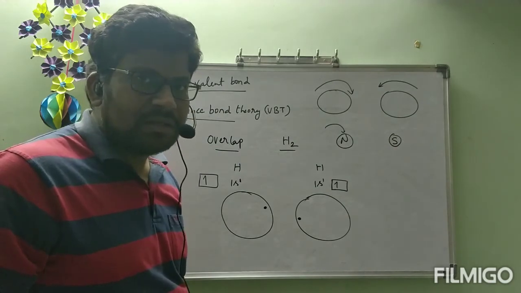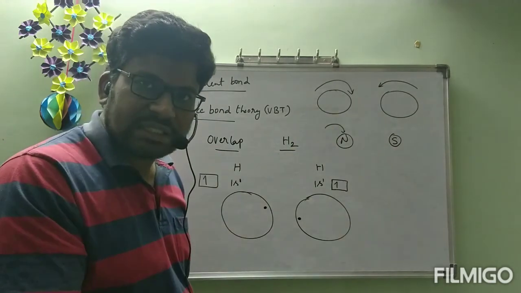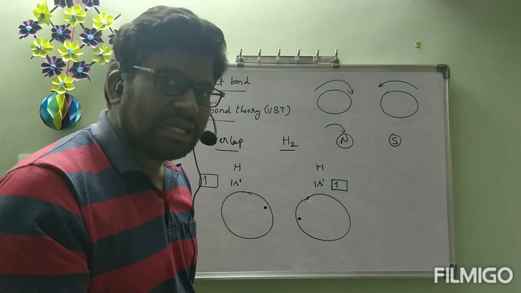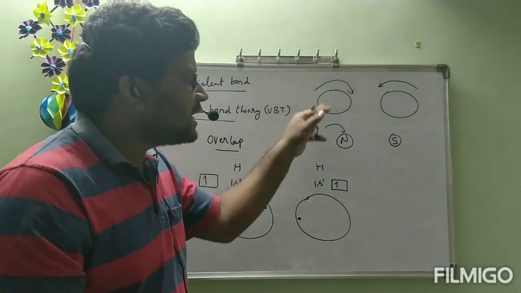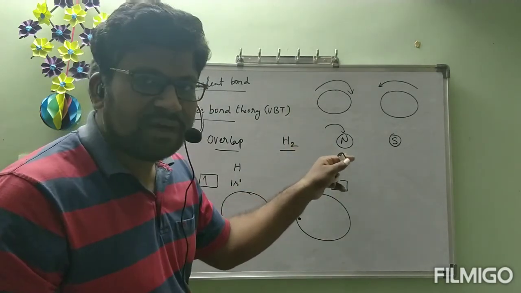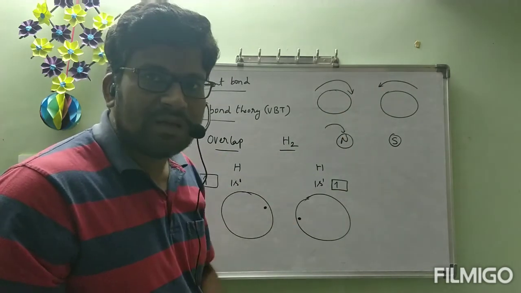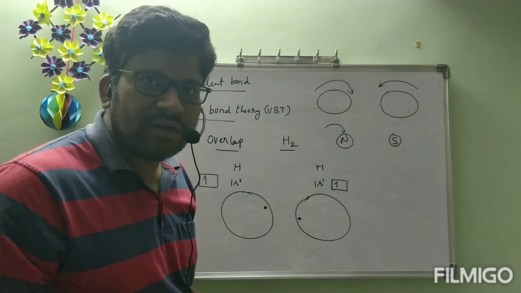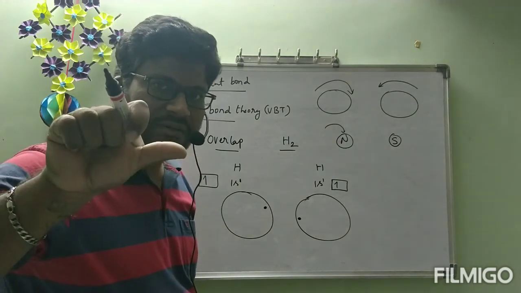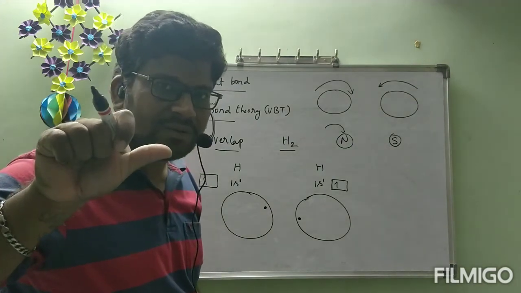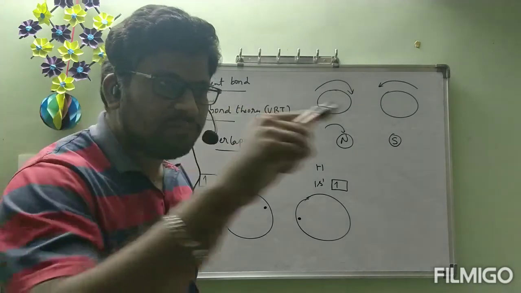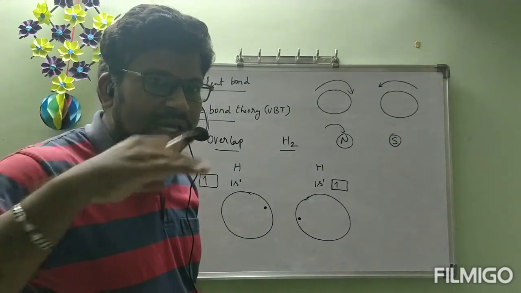Are you able to understand? The first electron spins in clockwise direction, the second electron spins in anti-clockwise direction. Then the first electron is developed by magnetic field North Pole, the second by South Pole. From where did we get this magnetic field? For that I have taken the help of Ampere's right hand rule. If electricity passes through a wire, a magnetic field is generated surrounding that wire.